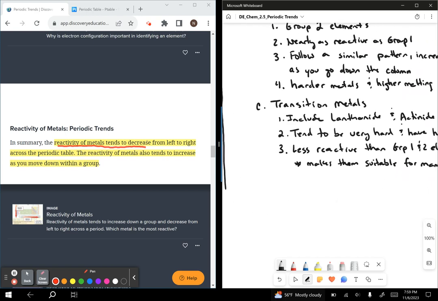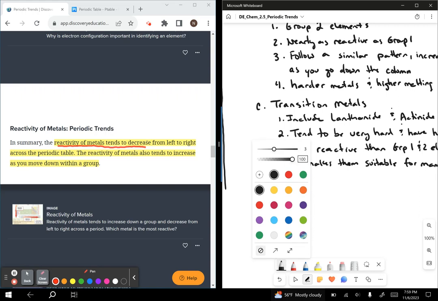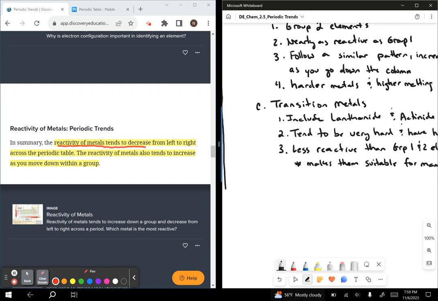So if we were to draw a periodic table, put down D, and we just draw this is your periodic table. What do we say? Reactivity decreases.